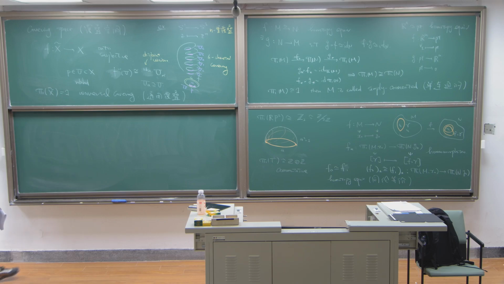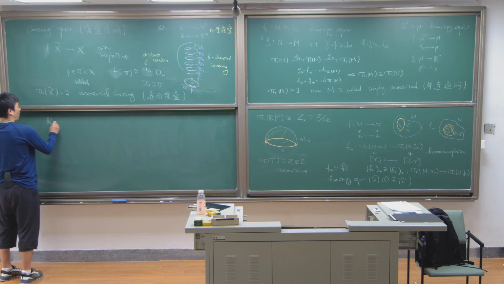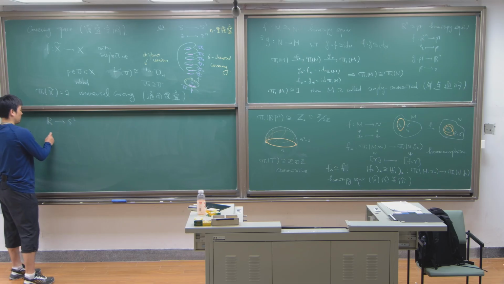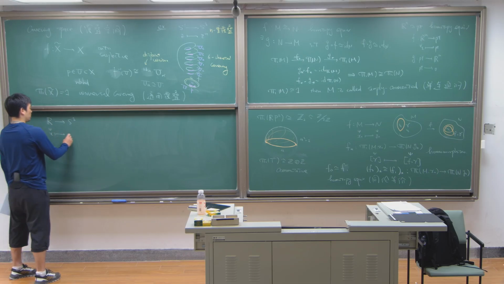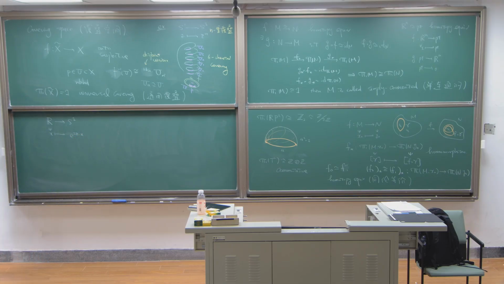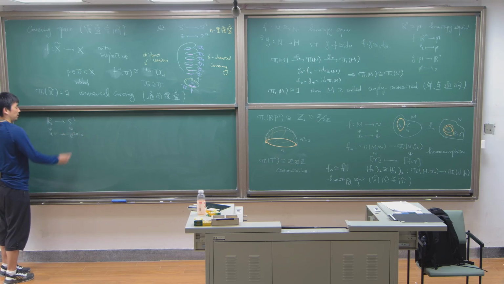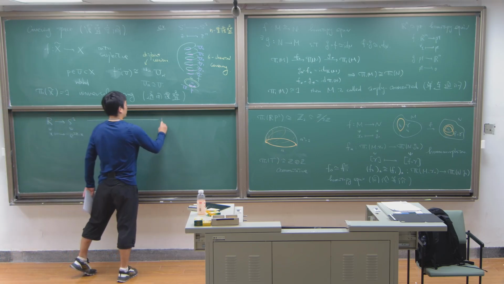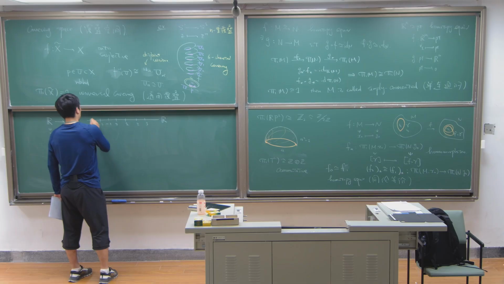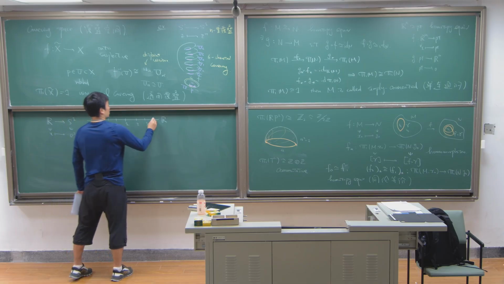The example is R to S1, where x is mapped to e to the 2 pi i x. So you have R with 0, 1, 2, 3, -1, -2, -3, and so on.